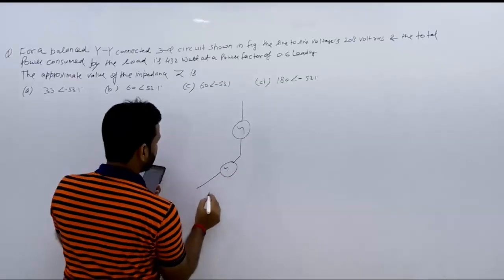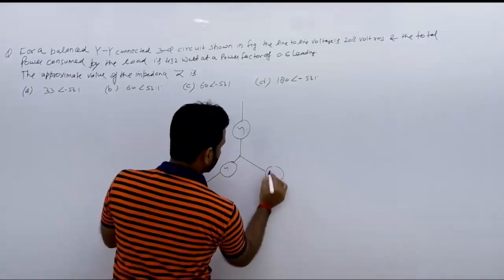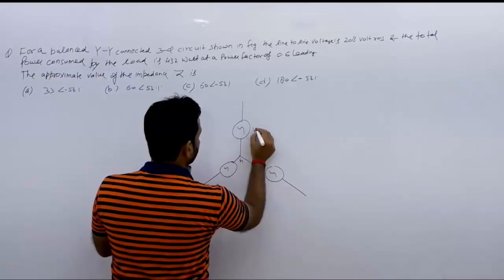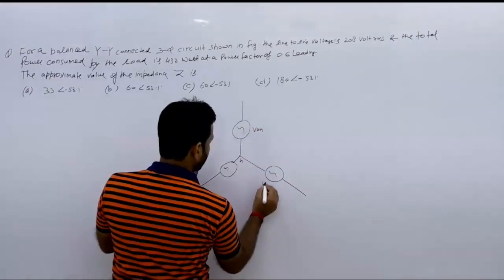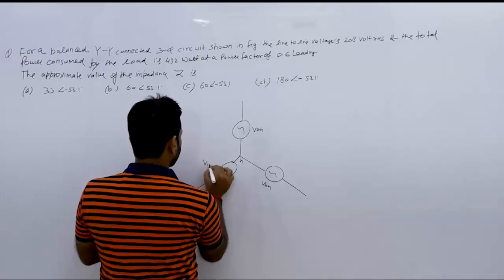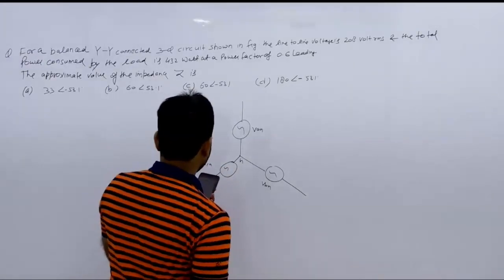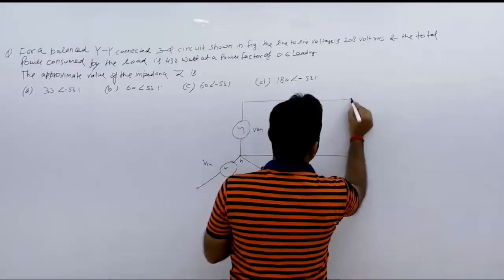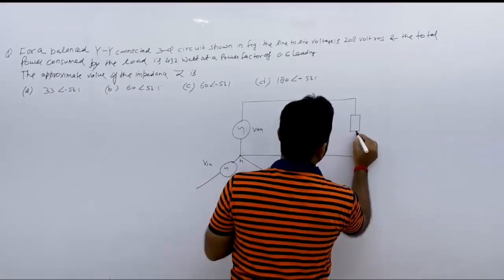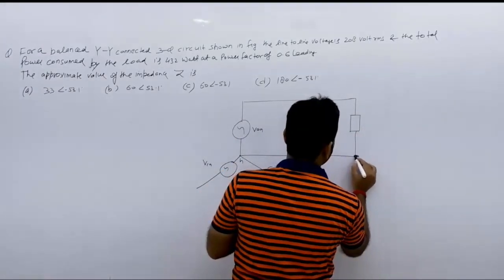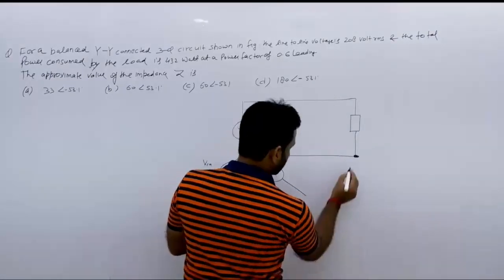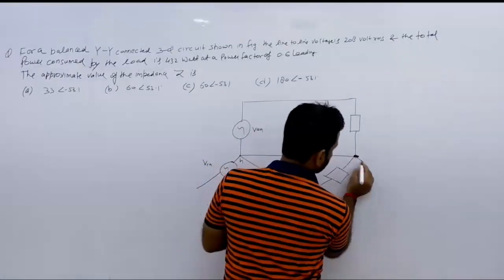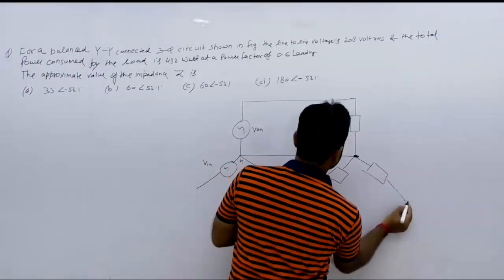This is the diagram that is given in your question. It has VAN, VBN and VCN, and we also have a star connected load. So let's connect the star connected load, and we also have a three phase load in the same phase sequence.